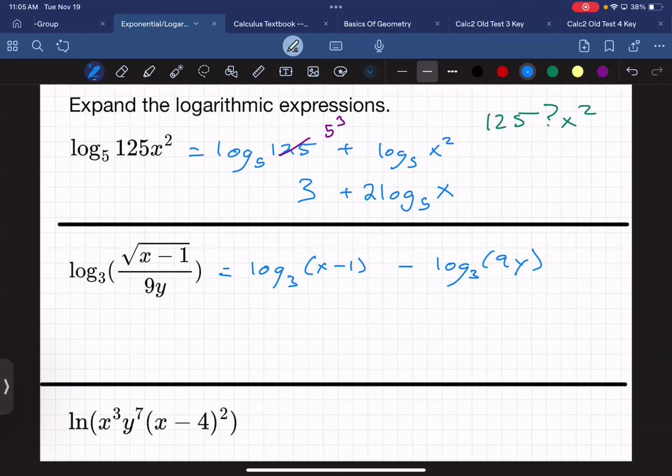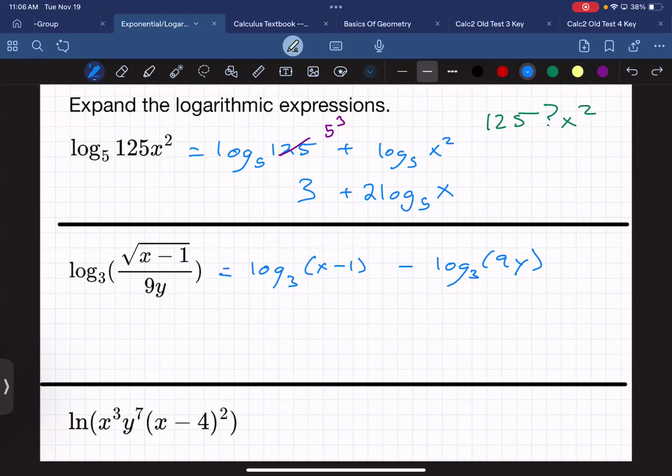Now, I also did something different with the square root because this is where we have to remember that radicals can be written as exponents. For the square root, remember, we can write it as what fraction? What's the known value for a square root? It's 2, right?